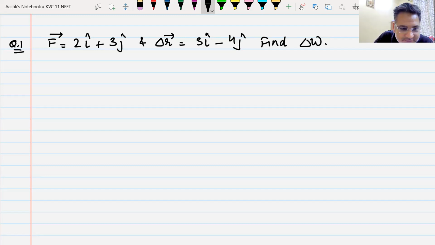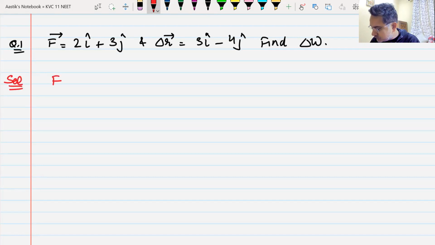Yes, anyone with any answer? So, how are you supposed to do this? Your force is given as 2i plus 3j. Your displacement is given as 3i minus 4j.